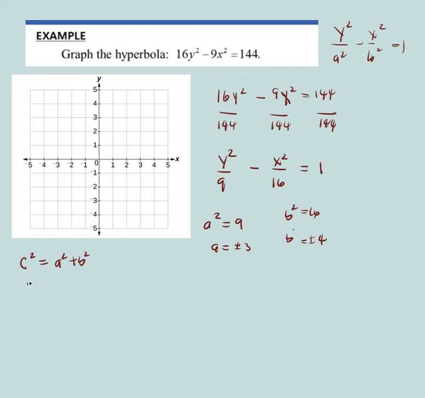So c is equal to the square root of a squared plus b squared, which is the square root of 9 plus 16. Isn't that 25? Isn't then c equal to 5? Plus or minus 5, because we have one here and the other here. It's aligned along the y-axis, one here, the other one there.